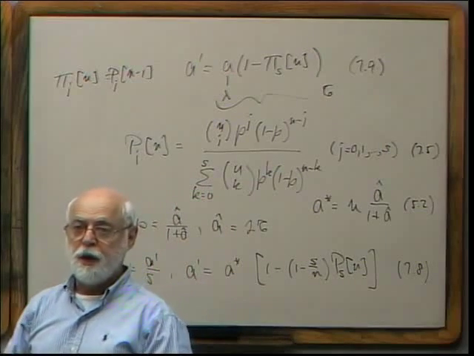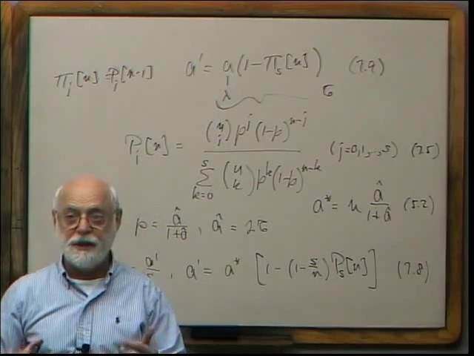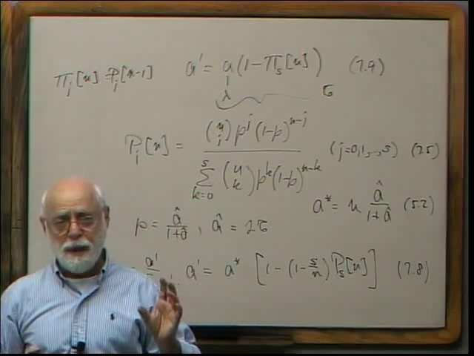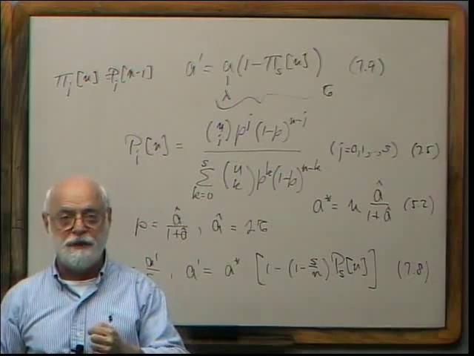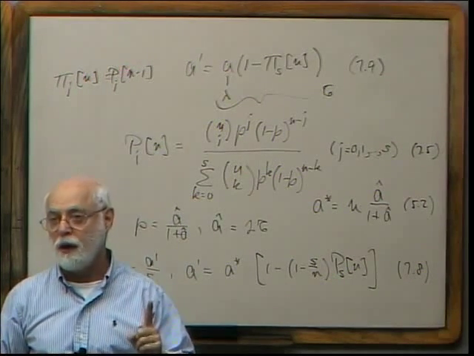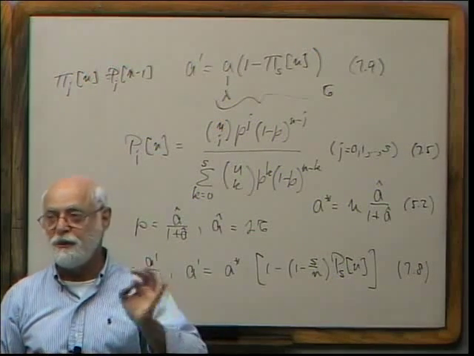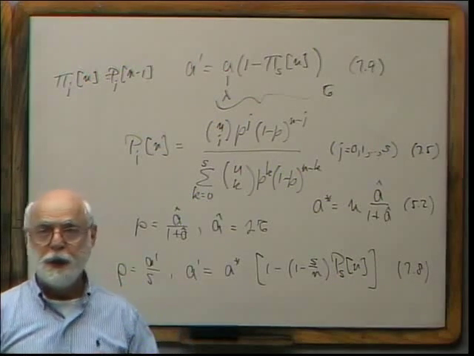That is, to calculate the pi's and calculate the p's for state S, and do it through the simulation. And remember, in the simulation, the pi's represent the fraction of customers who find the state, just as in homework 1, and the p's represent the fraction of time the system is in that state, just as in homework 1. But in homework 1, when you had Poisson input, those things were equal.